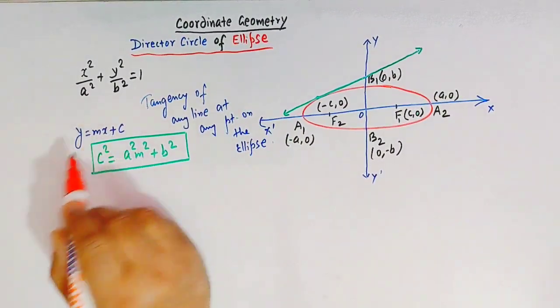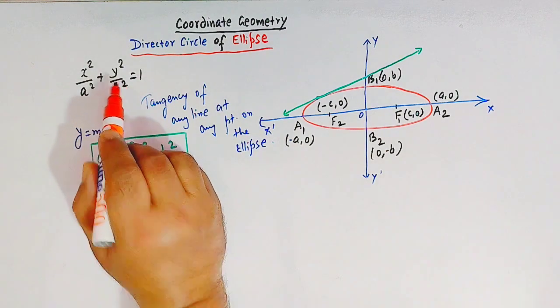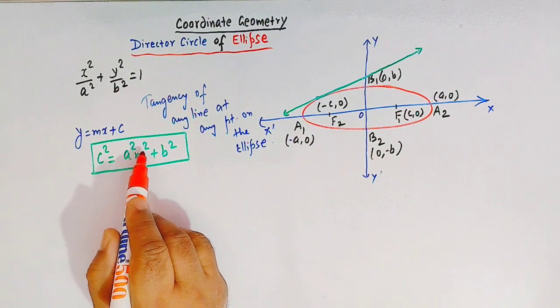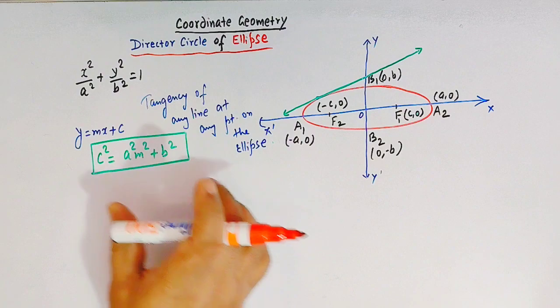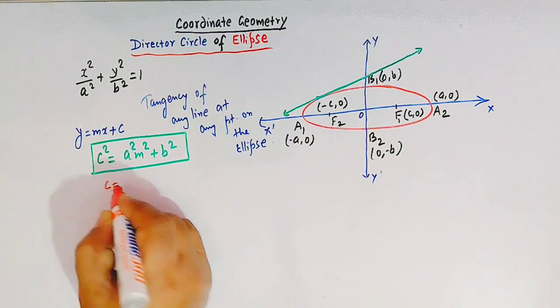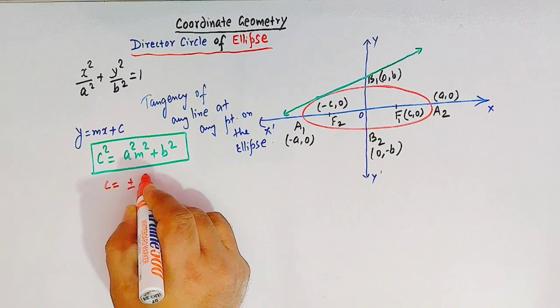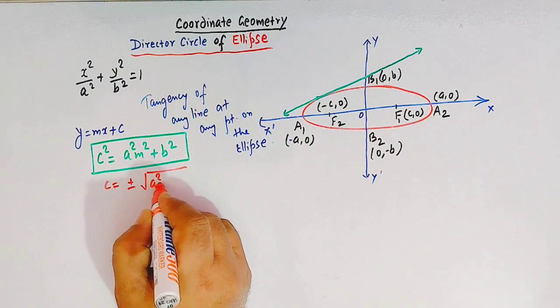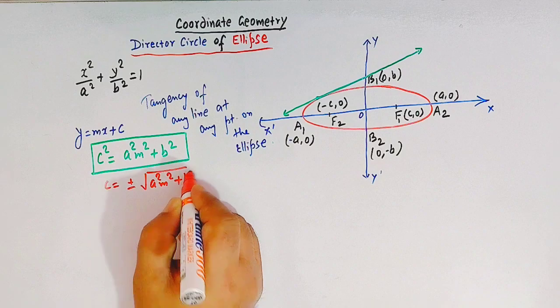So the condition of tangency of this line to this ellipse is c square equal to a square m square plus b square. Here we are not going to derive this condition. So we'll take c is equal to plus minus square root of a square m square plus b square.